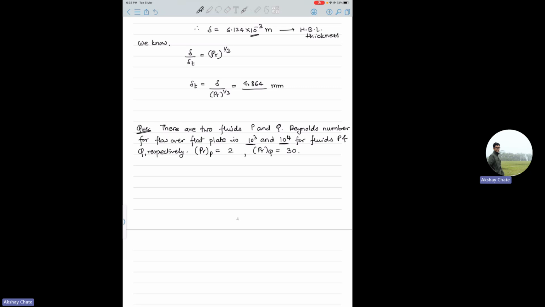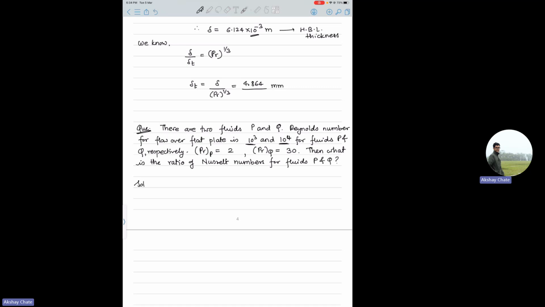So, straightforward, the first part of the question is, what is the ratio of Nusselt numbers for fluids P and Q? So this is the actual question.